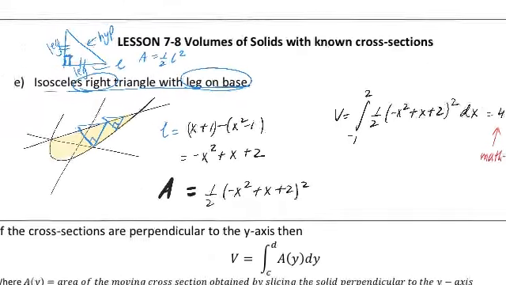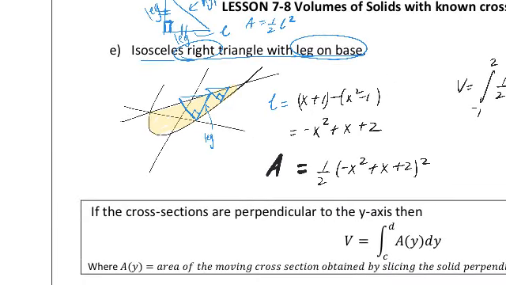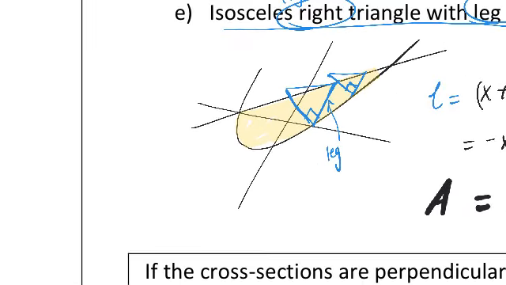Okay, now in this situation, the length that we had lying in the base was a leg of the isosceles right triangle. So what we knew was this leg length. So there can be another situation where the question says it's an isosceles right triangle with the hypotenuse in the base. And that would be this situation where the right angle is actually sticking up in the sky.